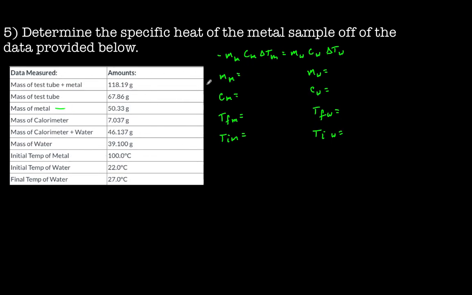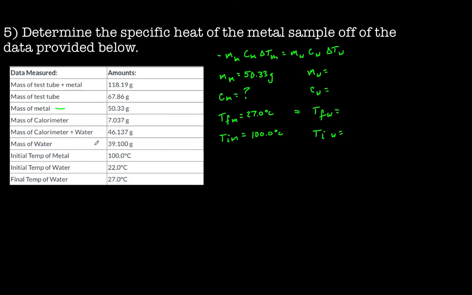Mass of metal is 50.33 grams. My C of M is the specific heat capacity of the metal. Remember, this is always your unknown in a specific heat or in a calorimetry problem. Temperature final of metal should be the same as the final temperature of my water, 27.0, because again, we know a calorimetry is done whenever these two are equal. Then my temperature initial of metal is in the boiling water, and yes, it is 100 degrees Celsius.